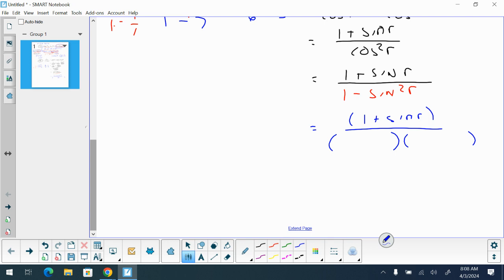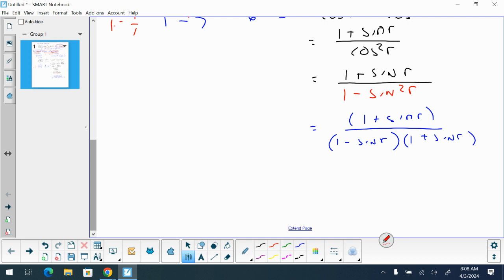That's why it's important that you have a nice little sheet there, because it will be sitting there for you if you wrote everything down. 1 minus sine squared factors to what? 1 minus sine of r, 1 plus sine of r.